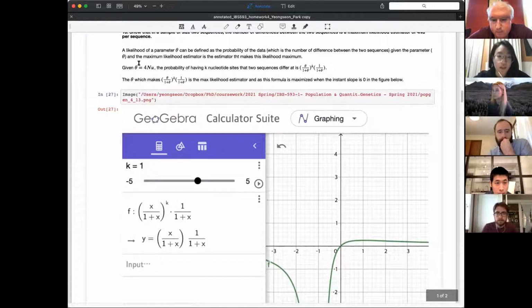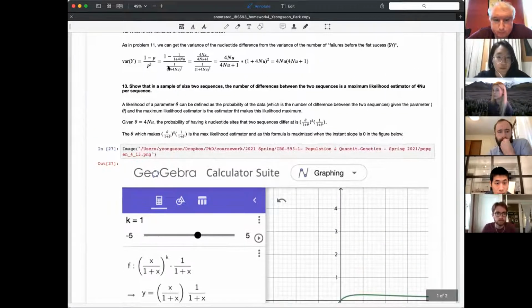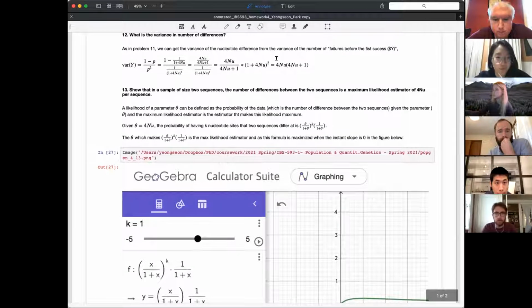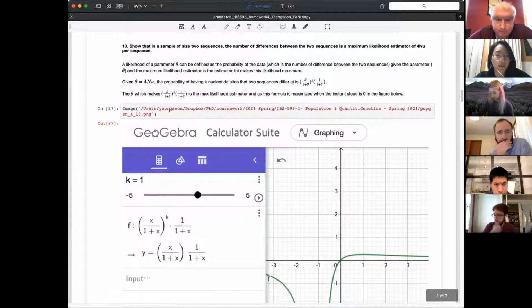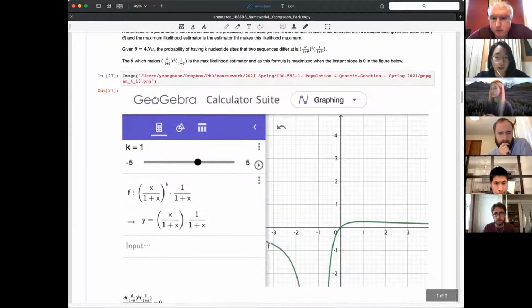Given theta equals 4 nu, because I used 4 nu throughout the problem, like 10 to 12, the probability of having k nucleotide sites that two sequences differ is theta over 1 plus theta to the k times 1 over 1 plus theta, which is from problem 10. The theta that maximizes this formula is going to be the maximum likelihood estimator. And I made the graph to see where the maximum likelihood is going to be.